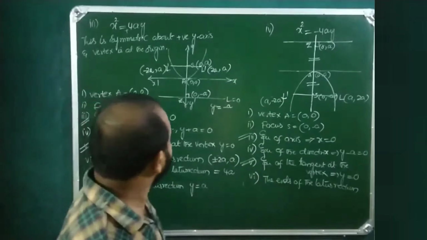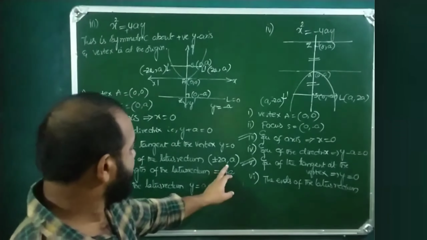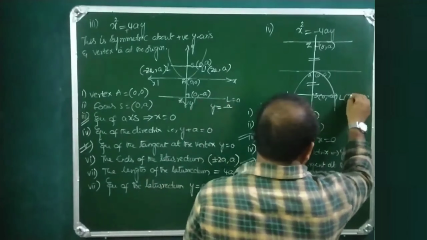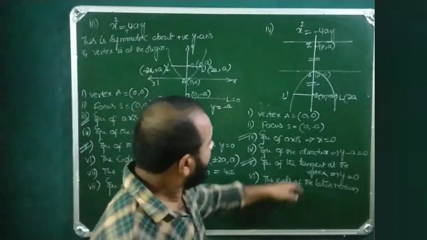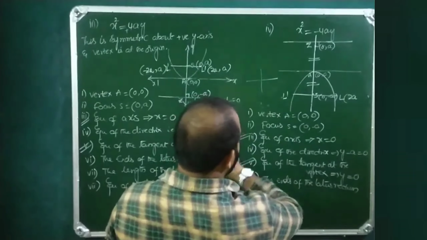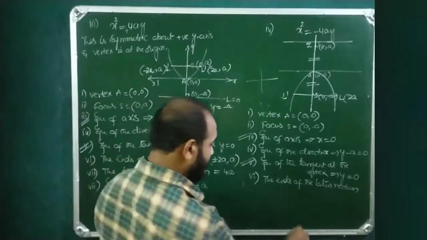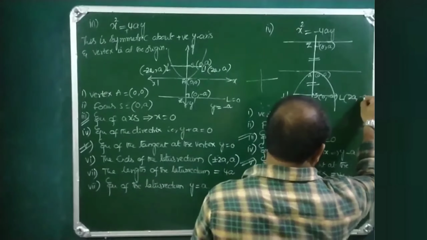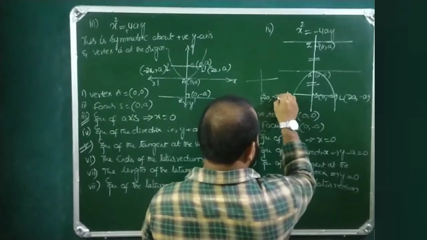Here the x-coordinates are plus or minus 2a. This is lying on the negative x-axis side as well, so this is 2a comma minus a, and this is minus 2a comma minus a.